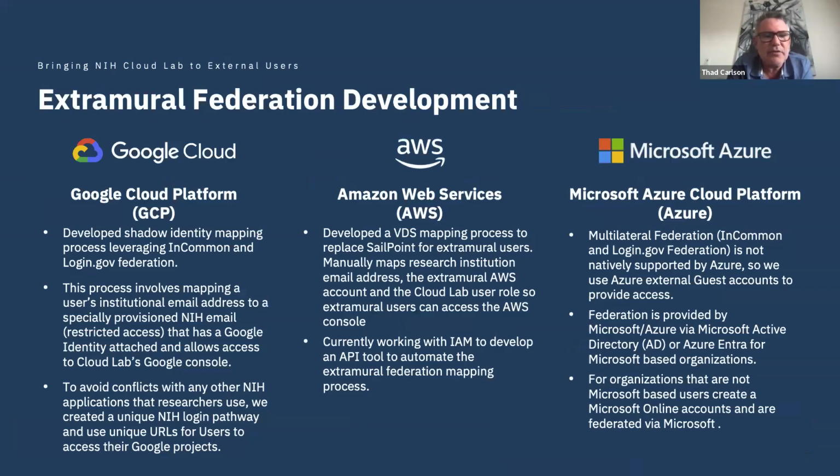And each cloud provider had unique challenges. We started with Google because we knew it was going to be the biggest challenge. The challenge with Google is that you need to have a Google identity attached to your email address so that you can actually access the Google Cloud. And most universities didn't natively provide Google identities to their email addresses.